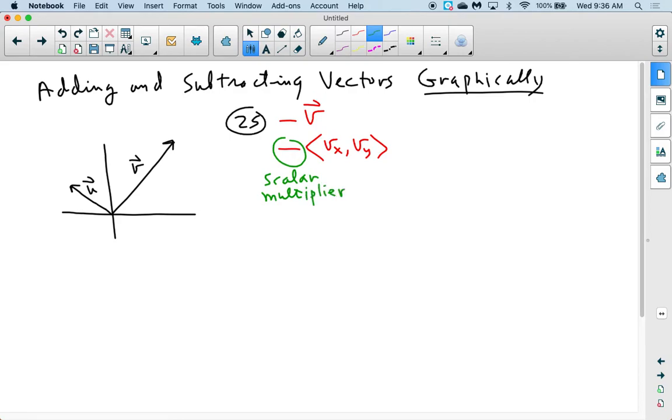And when you multiply a scalar to a vector, that multiplier just goes inside the component notation, and in a sense, it distributes. That negative is going to end up going on both the Vx and the Vy. So this would produce negative Vx and negative Vy. Well, what does that do to the vector in the picture? Well, when you negate the components, it literally just turns it around.